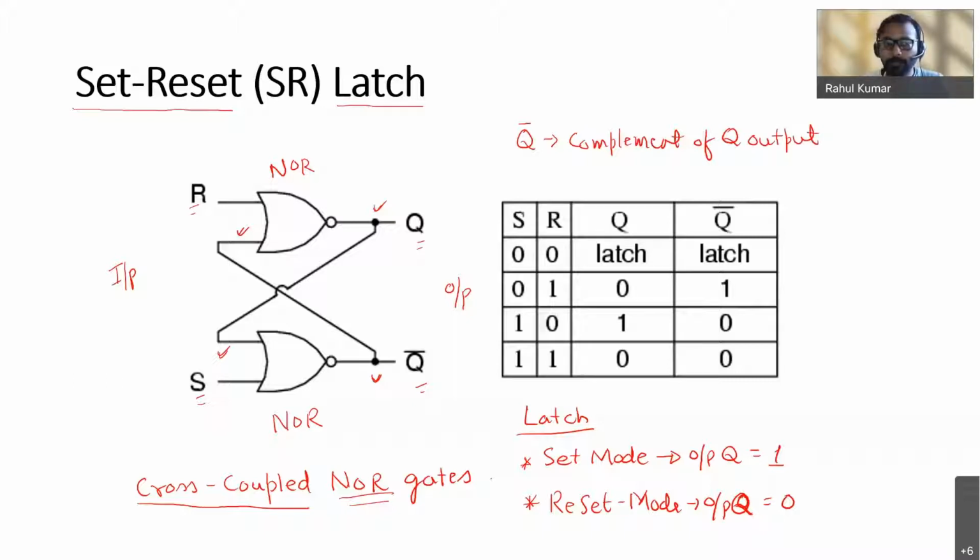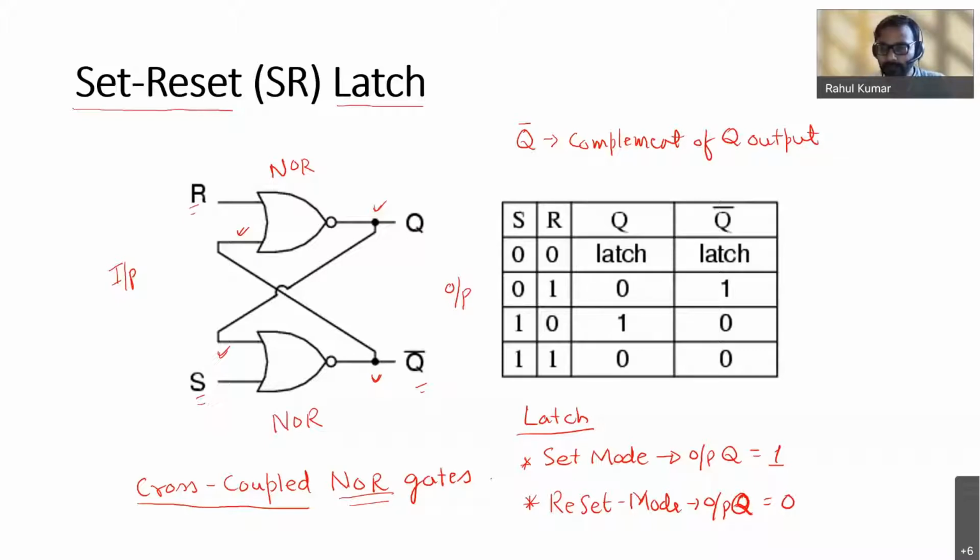So if Q is 0, Q dash will be 1, and if Q is 1, Q dash will be 0. This is the basic construction of your SR latch.